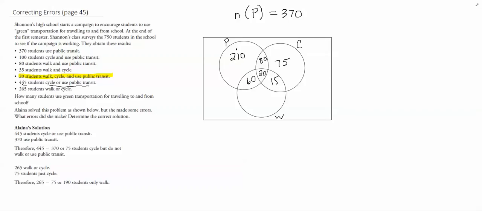Now we want to figure out how many students walk only.